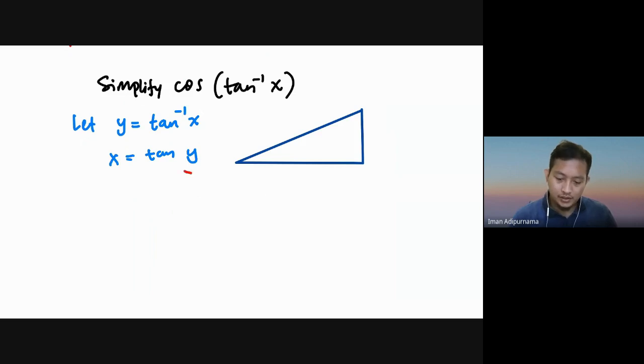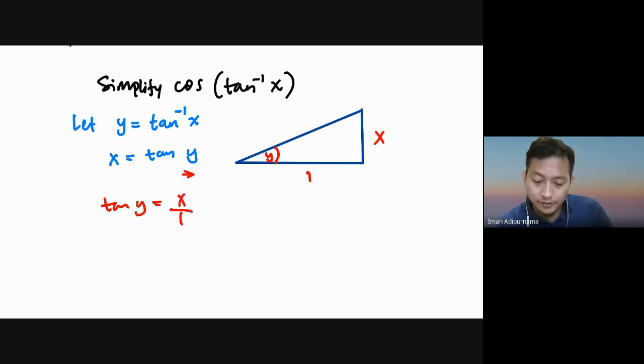So let's say this is the angle y, right? So let's say y, and then this will be x and 1, right? Because tangent y is x, from the triangle. So we can have this side as square root of 1 plus x squared.